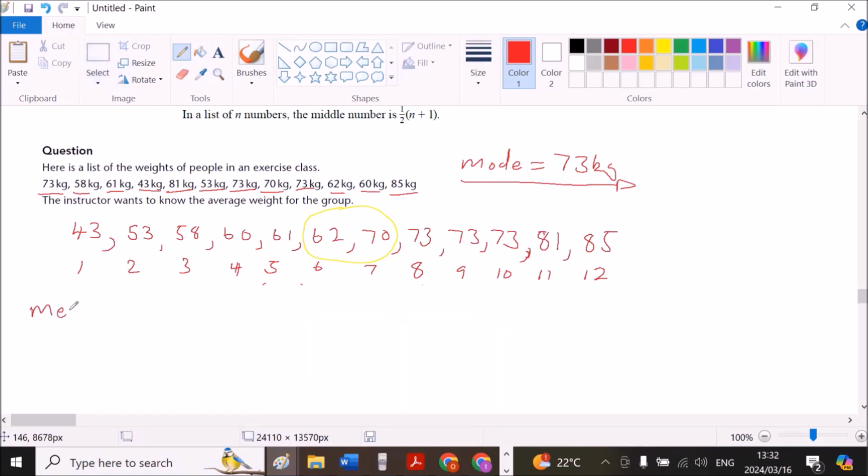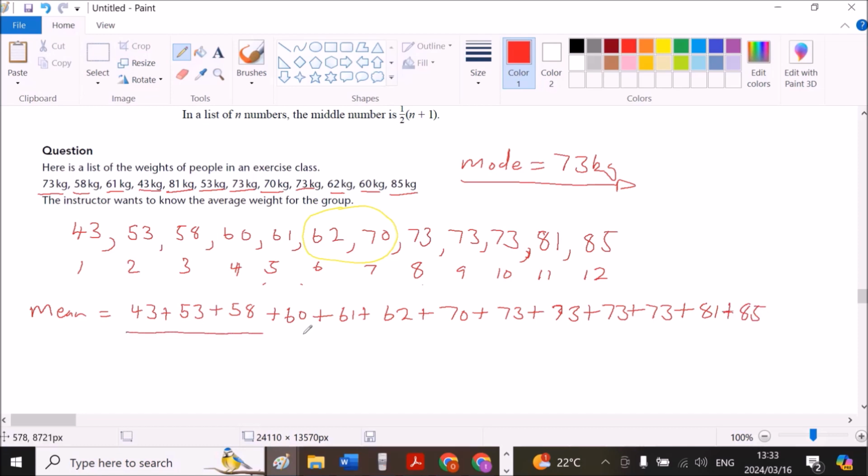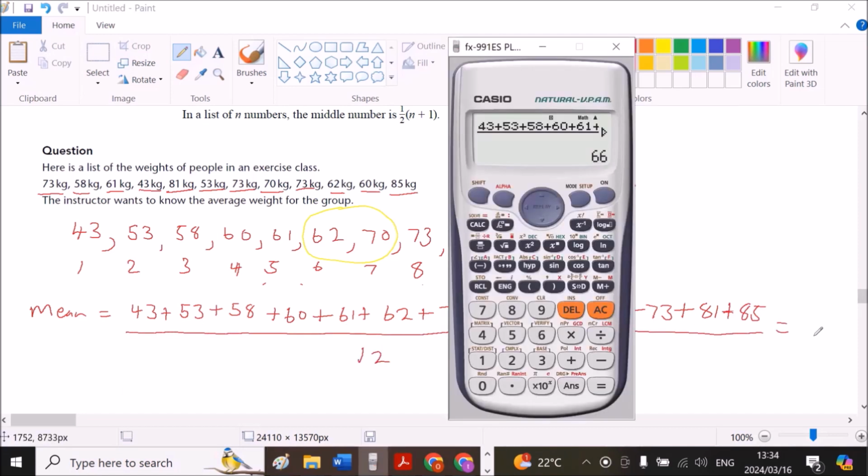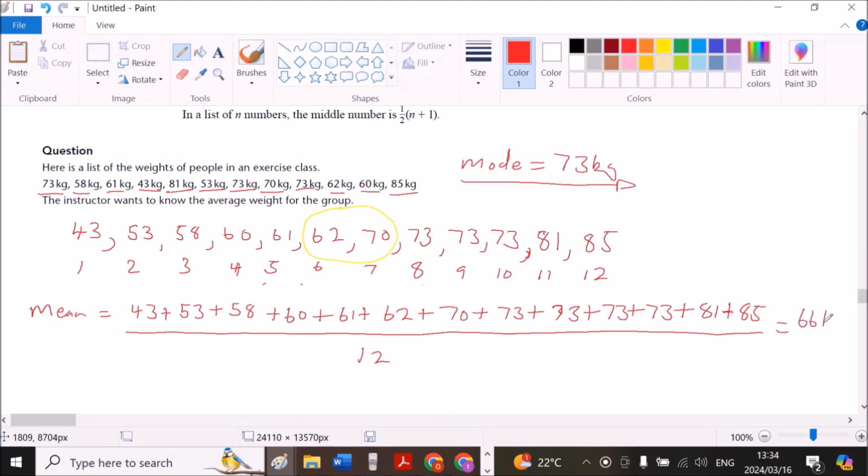So for our mean, add up all the data, 43 plus 53 plus 58 plus 60 plus 61 plus 62 plus 70 plus 73 plus 73 plus 73 plus 73 plus 81 plus 85 all over 12, which should give us 66 kgs.